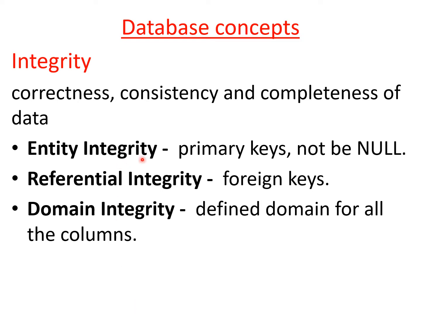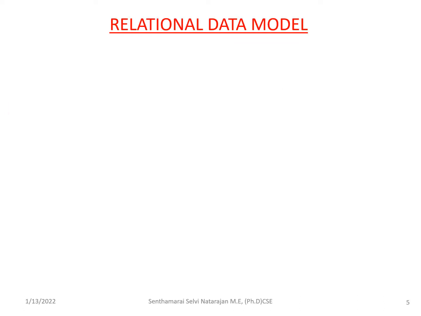Going for entity integrity, it checks whether the database has primary keys and they should not be null. Likewise, referential integrity specifies a relationship between the tables using the foreign keys. Then domain integrity is a domain for all the columns. So all these three integrities specify the correctness, consistency, and completeness of the data.